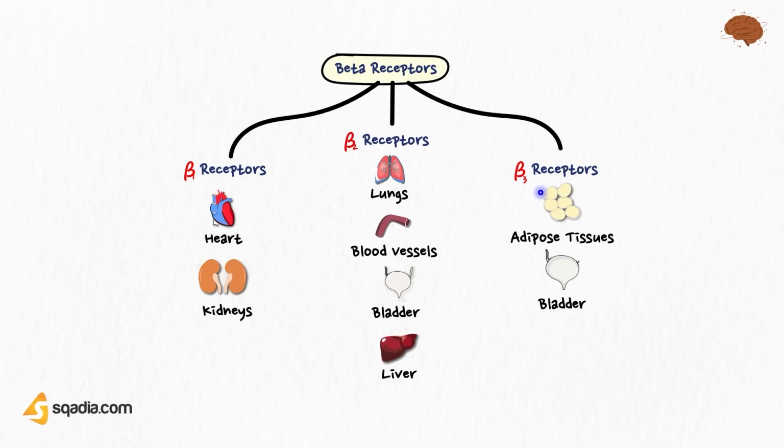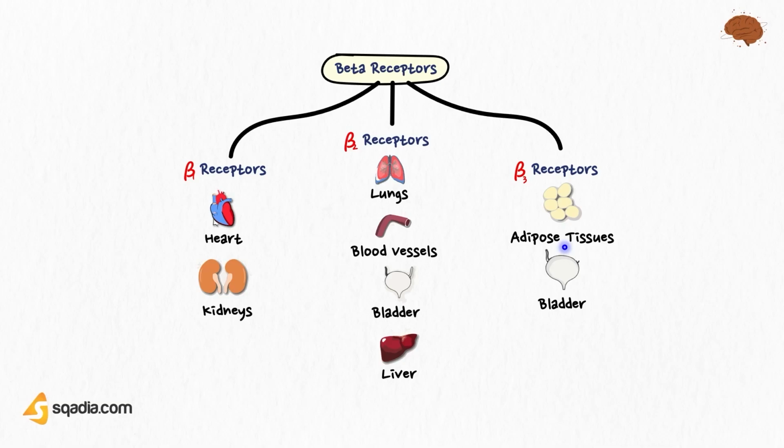Now beta 3 receptors are mainly located in the adipose tissues, which is the fat tissue, and activation of the beta 3 receptors in fat cells promotes lipolysis, the breakdown of the stored fat, and thermogenesis, which is the production of heat.